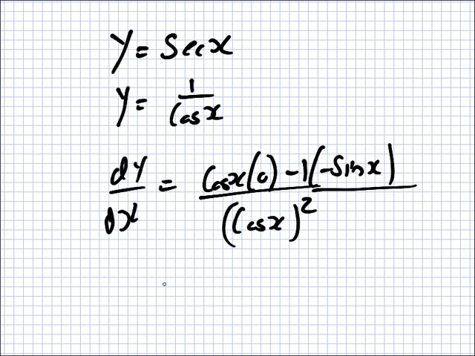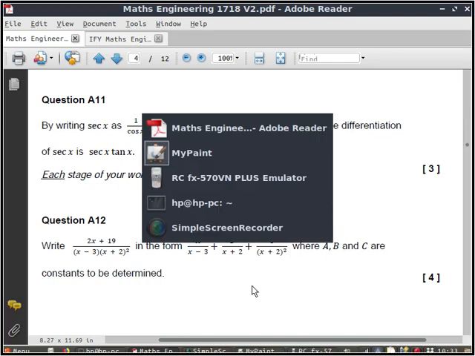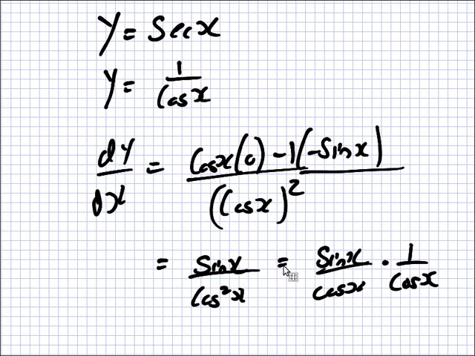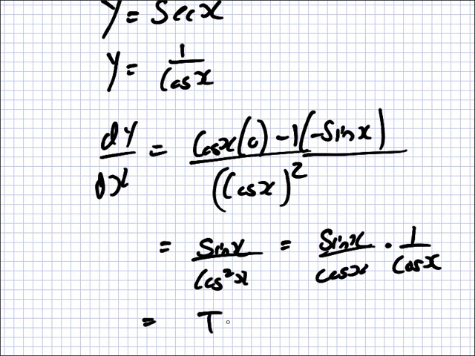Okay. So the bottom squared, that's equal to sin x over cos^2 x, which is equal to sin x over cos x times 1 over cos x, which is equal to tan x sec x.